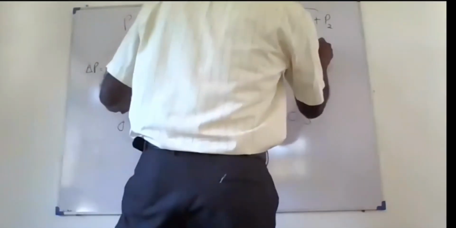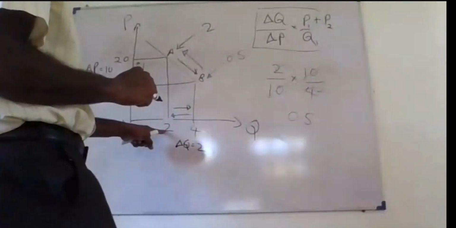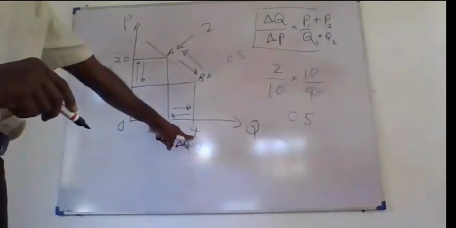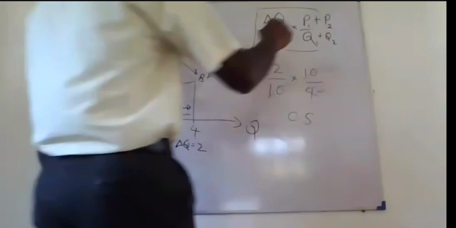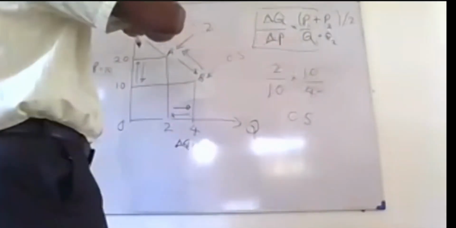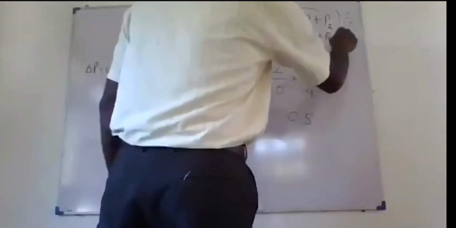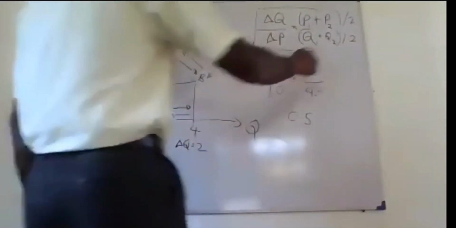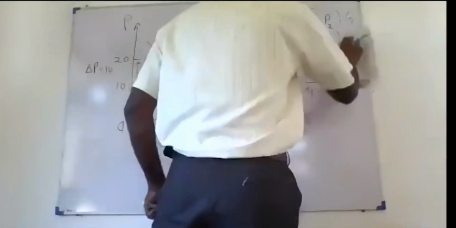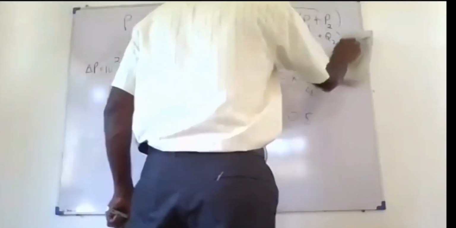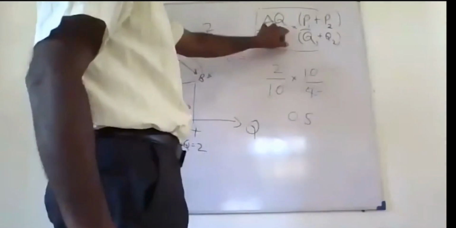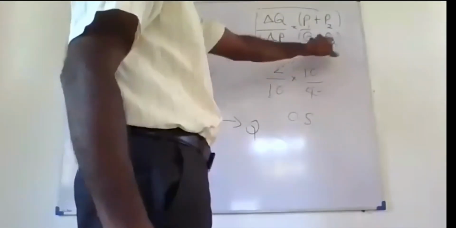And Q1, that is the initial quantity, 2, plus Q2, that is the new quantity. Right? So we can divide this by 2 to get the average, and we can divide this by 2 to get the average, and this 2 we can cut off. And finally, our new estimation formula will be delta Q by delta P multiplied by (P1 plus P2) divided by (Q1 plus Q2).